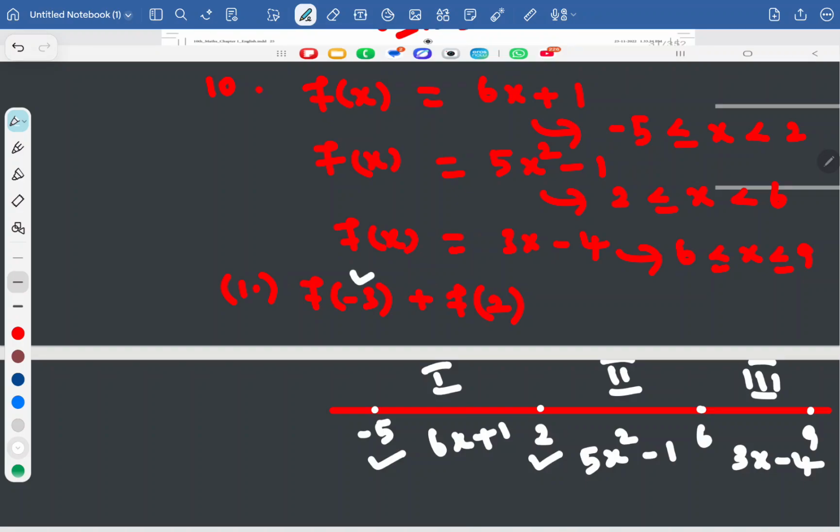First one, f of minus 3: minus 5, minus 4, minus 3, minus 2, minus 1, 0, 1, 2. It lies in the first interval. f of 2 means second interval: 2, 3, 4, 5, 6.